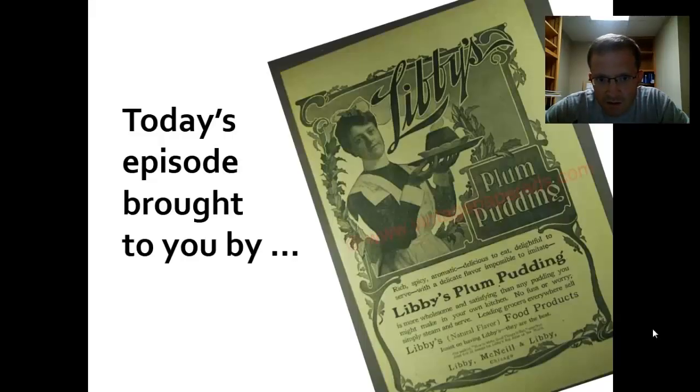Today's episode, however, is brought to you by Libby's Plum Pudding. In all seriousness, this is actually an ad that I found online from a 1903 magazine, I think, or a newspaper, advertising a particular brand of plum pudding.